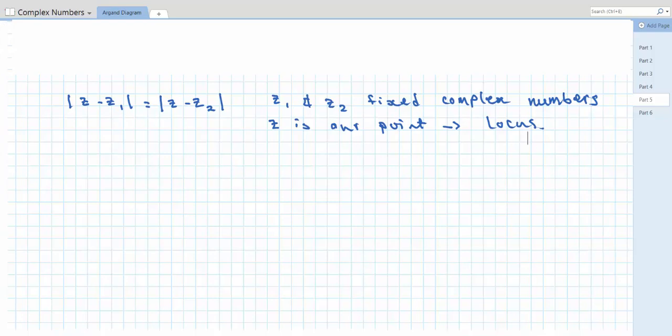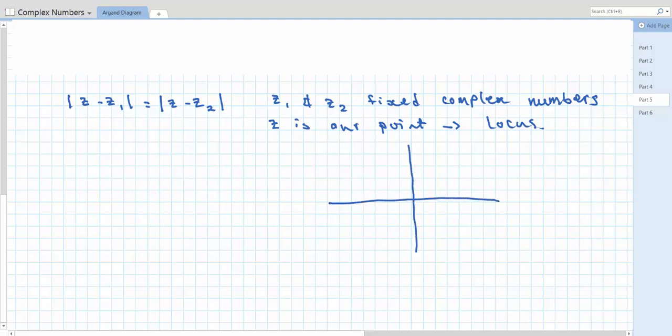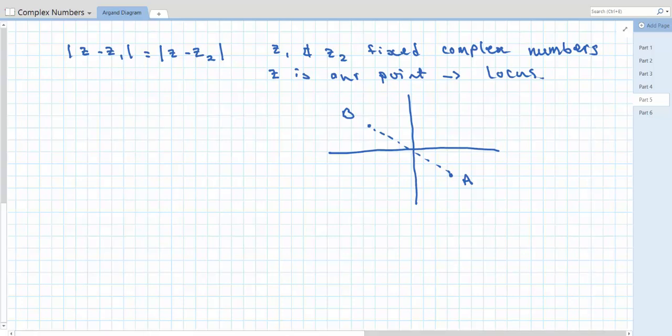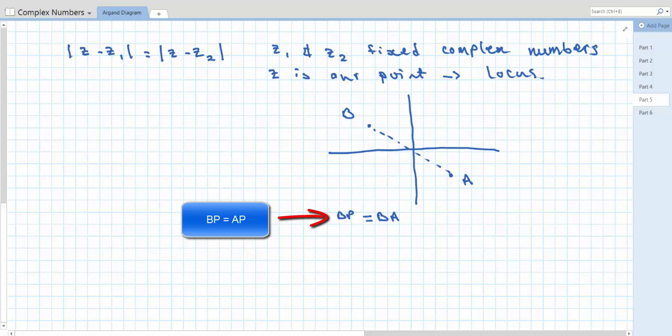When we have 2 points, point A, point B, our normal locus question would have asked, find the equation of the locus of a point P, such that BP equals BA. What did we do before? We let P equal (x, y).